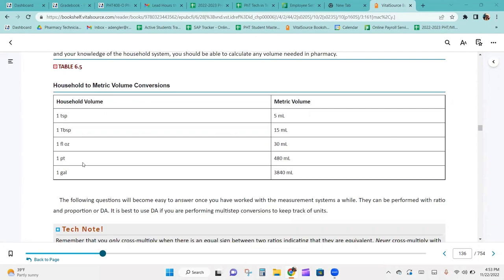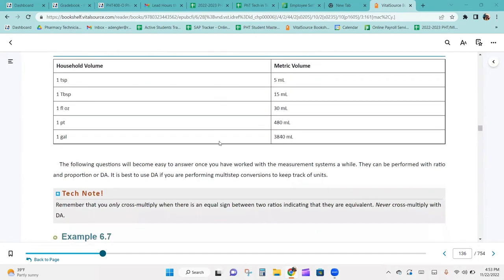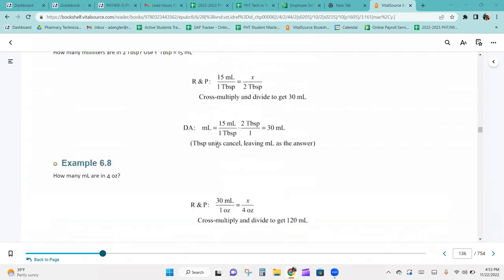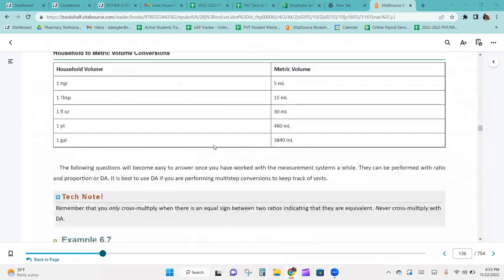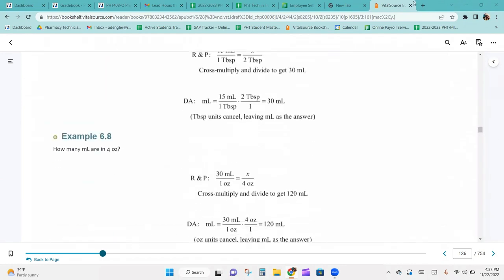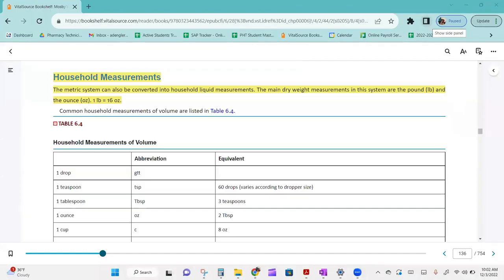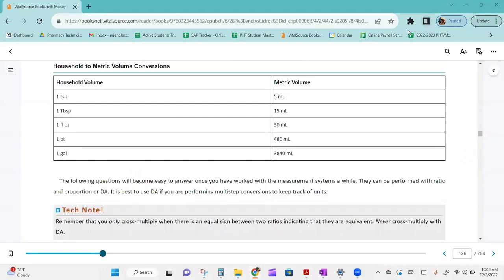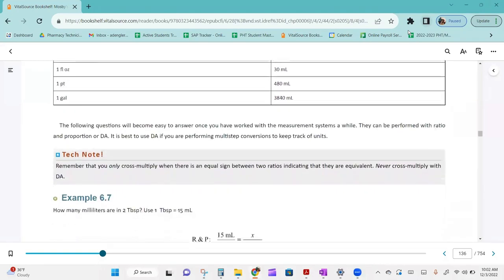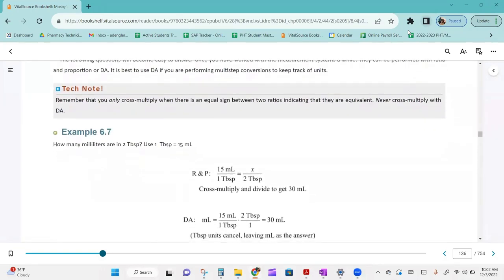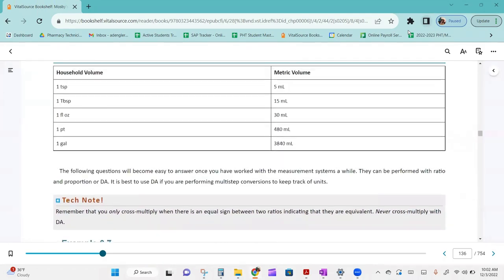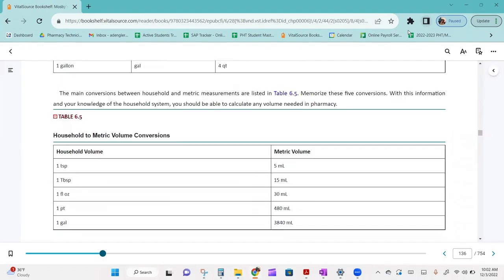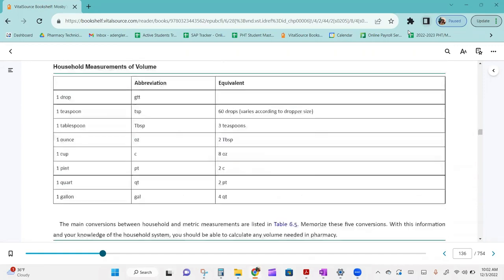Table 6.5 shows household volumes and metric volumes. We will go over how to convert some of those. Okay, household measurements. We're going to convert between the two, just like we did in the other ones, using conversion factors, which is all of these here and more.